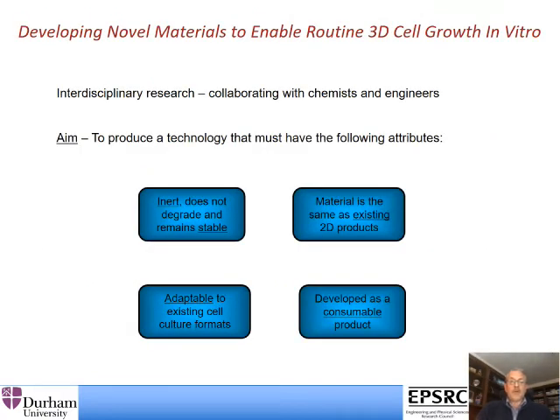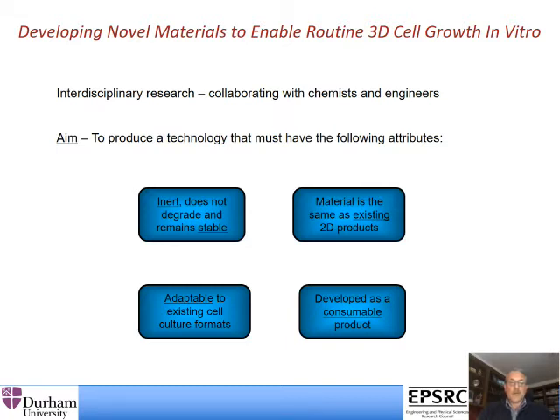So we set about to develop a material to enable routine three-dimensional cell culture in vitro. And this started with interdisciplinary research to develop the material in collaboration with chemists and engineers. Our aim was to produce a technology that must have the following attributes. The material was inert and did not degrade and remained stable throughout the experiment, so it wasn't an additional variable if it was to degrade.